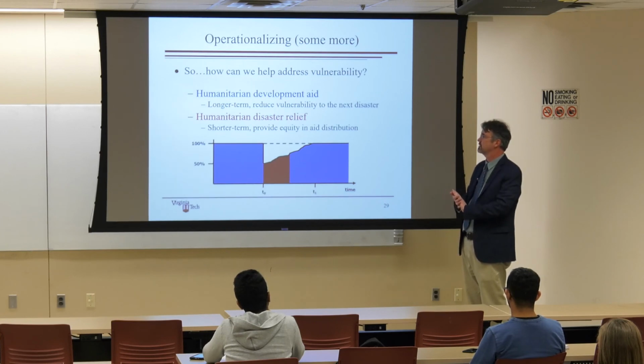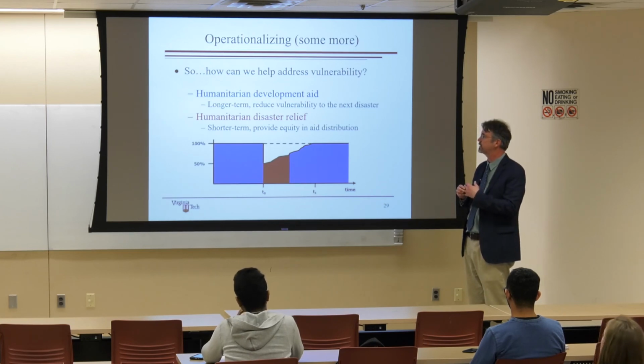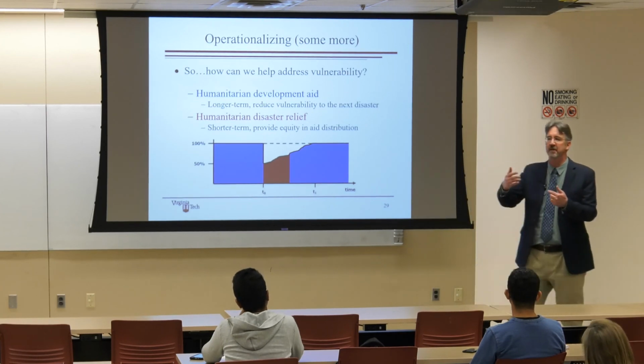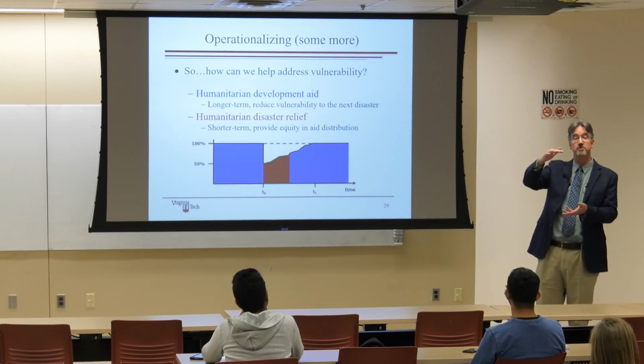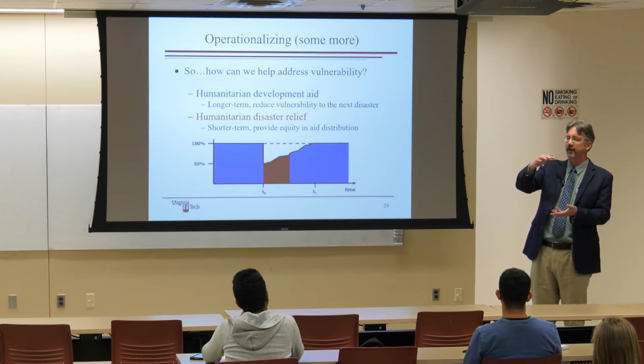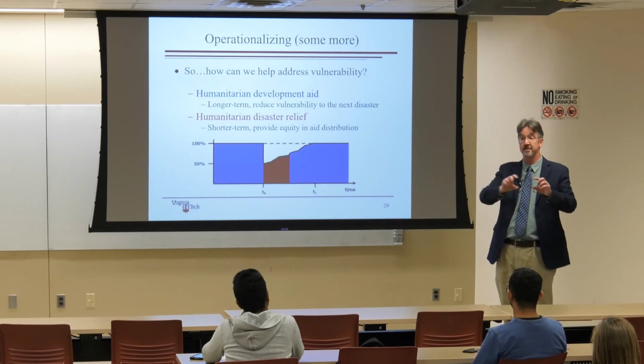I had another little extra discussion about equity, because equity is one of these interesting concepts. There are different kinds of equity, and you can actually address vulnerability by focusing on the people that have the greatest amount of need first. Very often when people talk about equity, they talk about it from the standpoint of you need to be fair to everybody. You got to provide the same amount of aid to everybody.